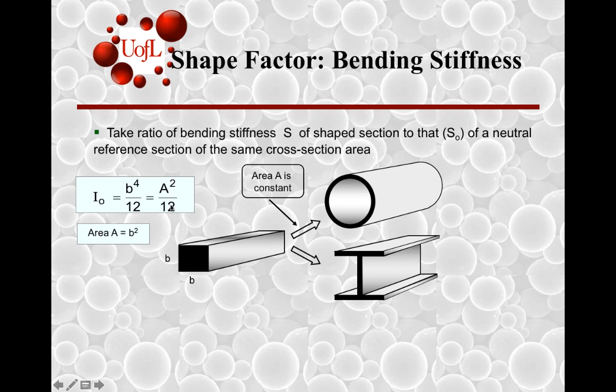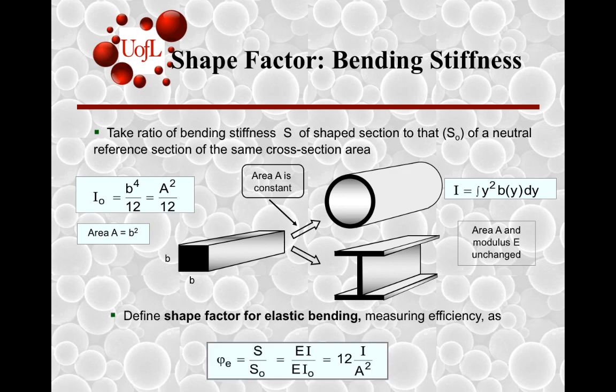If now we keep the area constant and change the shape, the area moment, of course, can be determined by this integral. We define shape factor as noted above as the ratio of the bending stiffness S for this new shape, which is the product of the modulus E times area moment I, to the reference stiffness for the square cross section, which is E times I naught.